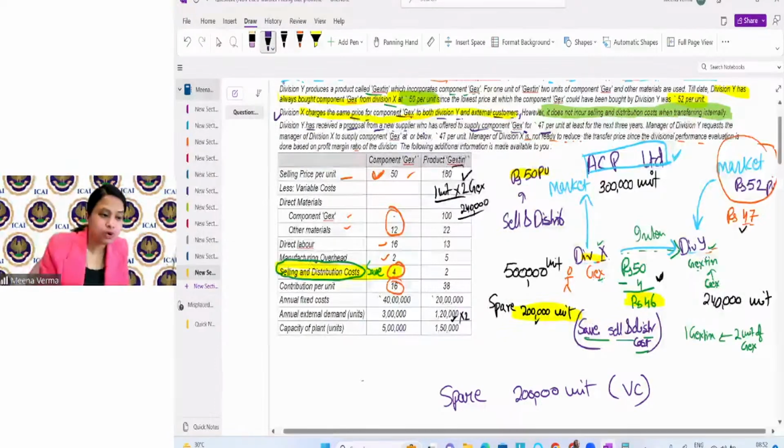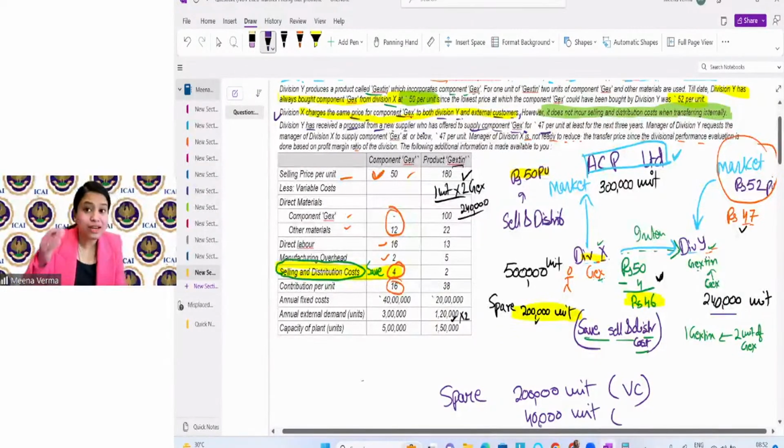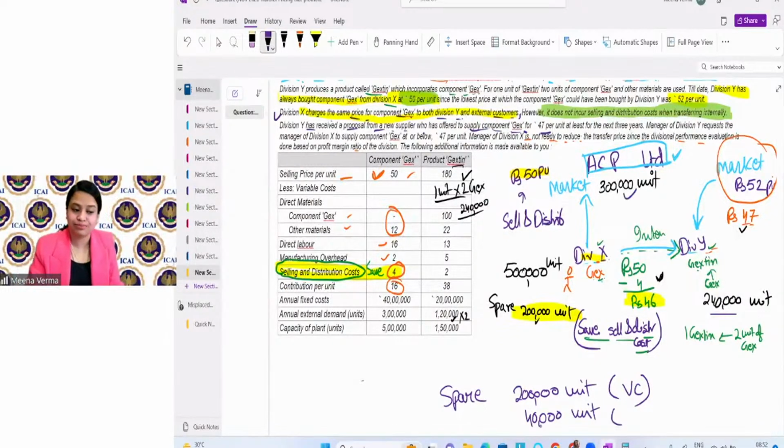Now look, beyond 2 lakh units, demand is 2,40,000 here. So for the additional 40,000 units, you have to interrupt the outside sale. Then you can transfer internally. So beyond that, you will expect the variable cost plus opportunity cost.